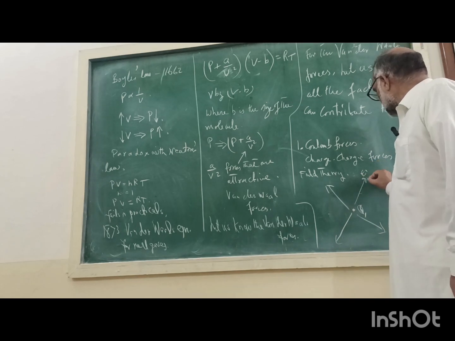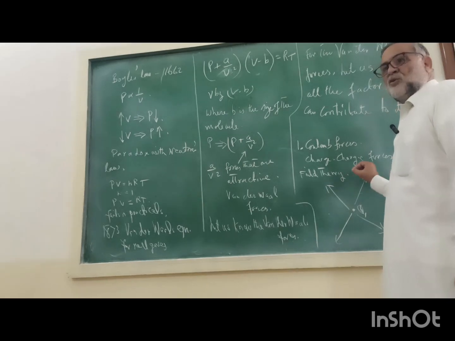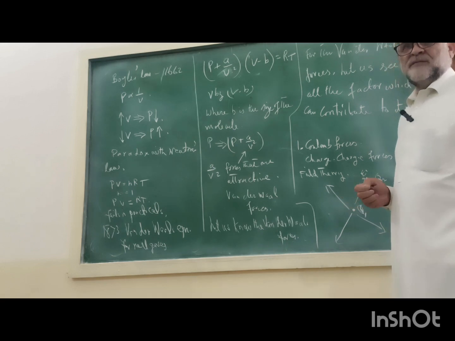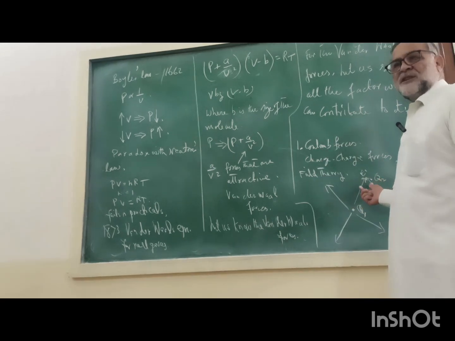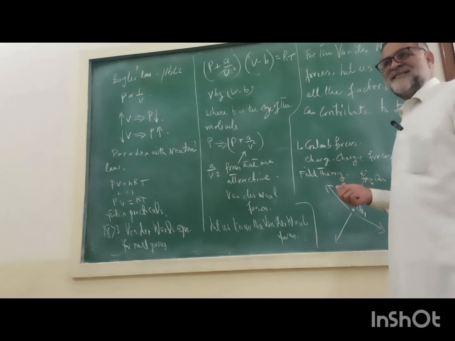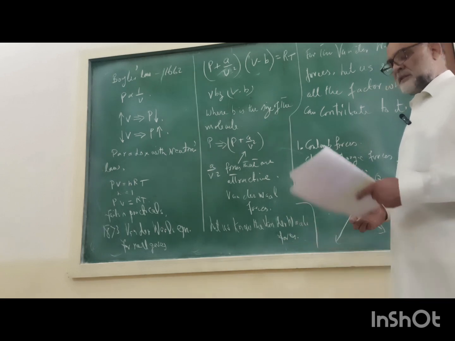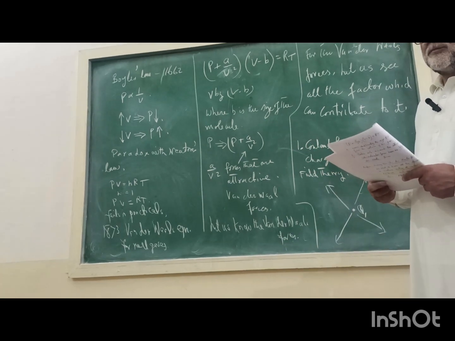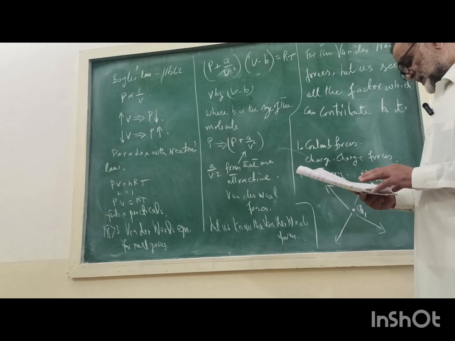So Q2 interacts with E1. That's called the field theory. And then we say the force on this charge is equal to Q2 multiplied by E1, where E1 is the field produced by charge 1.